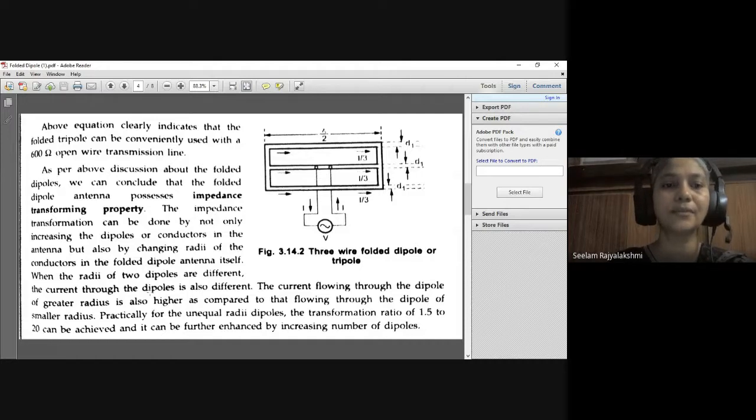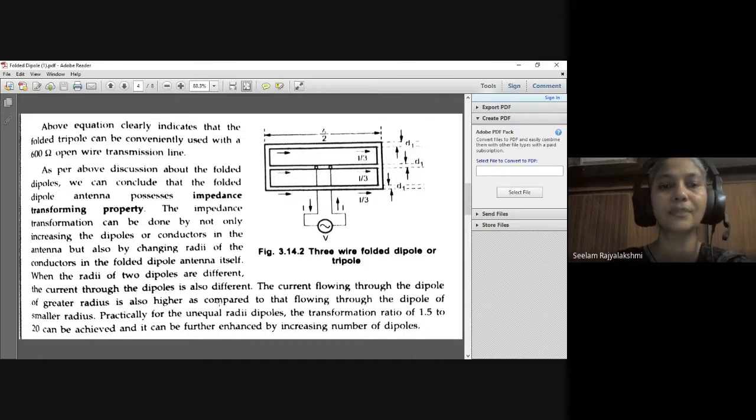When the radii of the two dipoles are different, the current through the dipoles is also different. The current flowing through the dipole of greater radius is higher as compared to that flowing through the dipole of smaller radius.